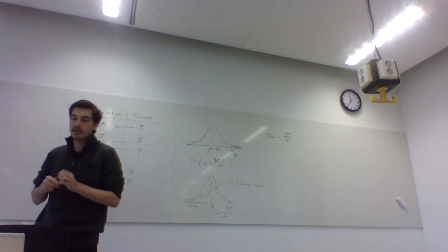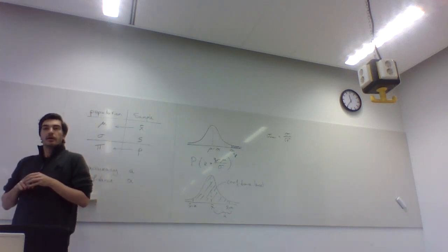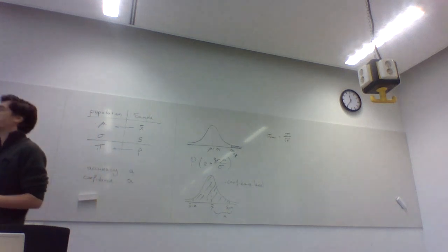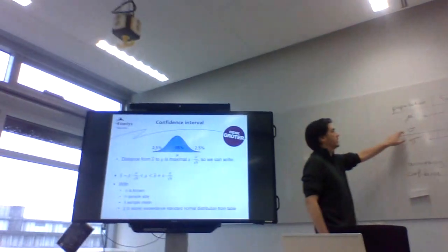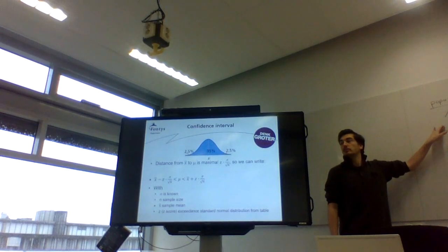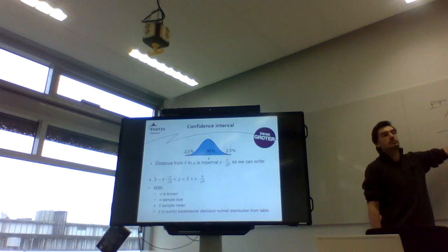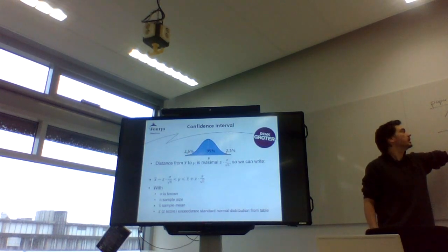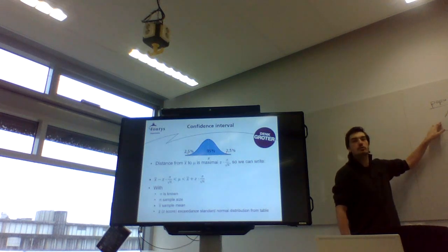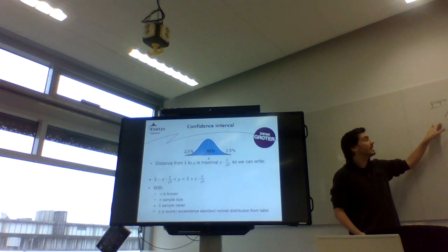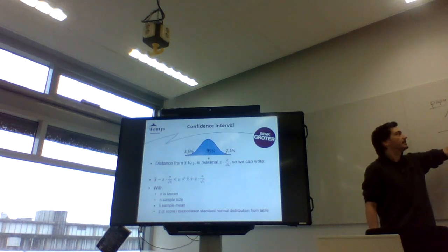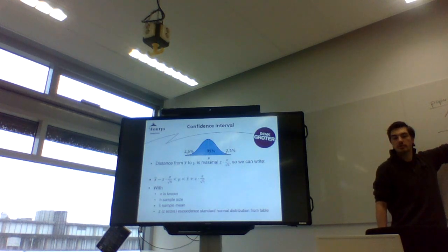Now, what we need in order to do that is we either need to know the actual standard deviation from the population or the standard deviation from the sample, but we'll get into that in a few minutes. Let's for now assume we know the standard deviation of the entire population. We get some sample average.